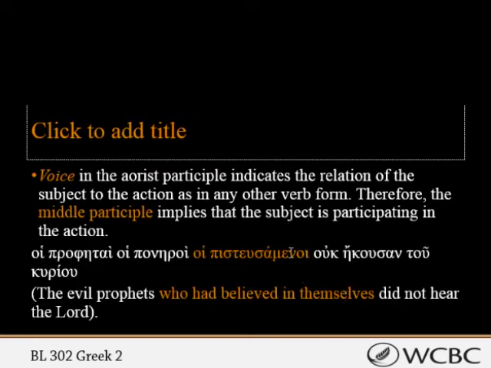So the "themselves" is the middle idea of this. And these evil prophets who had not believed in themselves did not hear the Lord. And once again, you can see the middle voice where you have the action within the participle, believed, and then you have the reflexive aspect of it, in themselves. And that brings out the middle voice with regard to these participles.